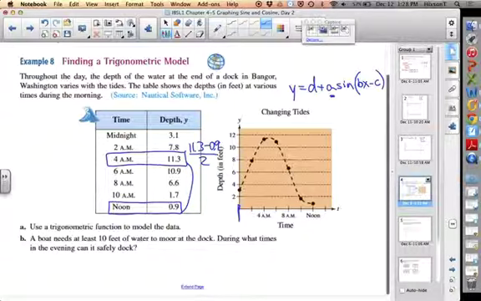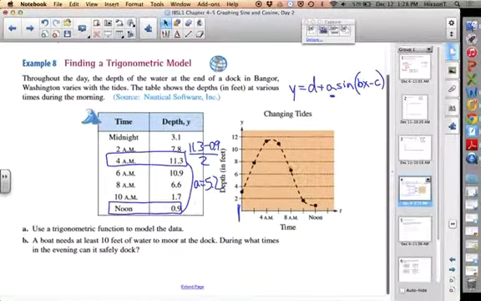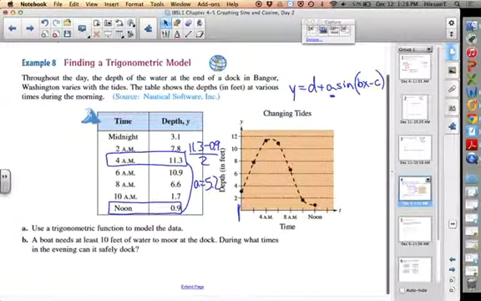That's going to give us A equal to 5.2. So we know already our equation is going to be A equals 5.2 times sine, and then we need the other stuff.